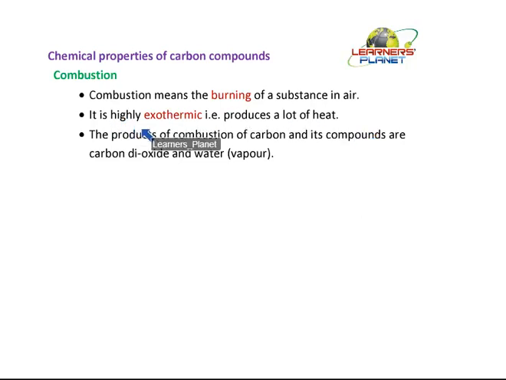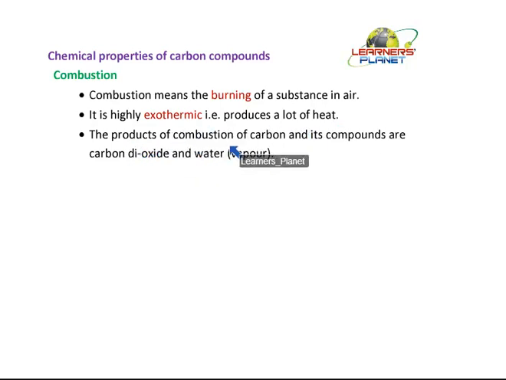Now this is highly exothermic, that is, it produces a lot of heat. For burning, you just ignite it, and after that, due to the chemical reactions, a lot of heat is evolved. So combustion is always an exothermic reaction.